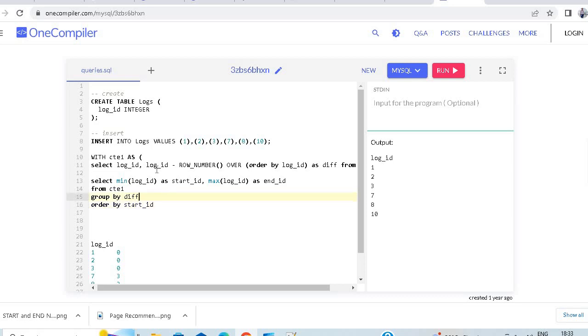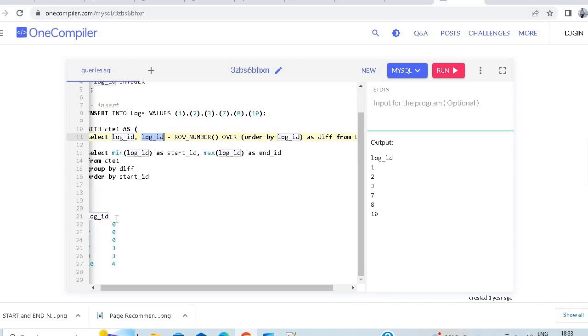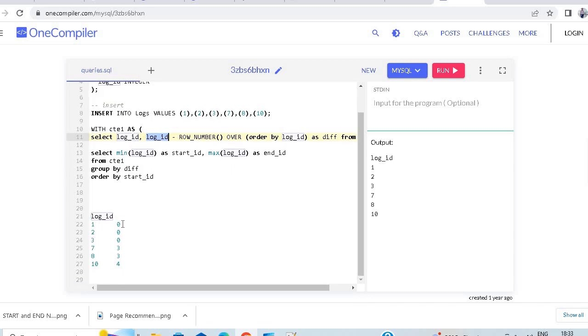Okay, see, first what we did, we tried to give numbers to each row, then we did the minus, so that we found which rows are continuous. If you consider the second query, I will explain. So consider we have data like this.